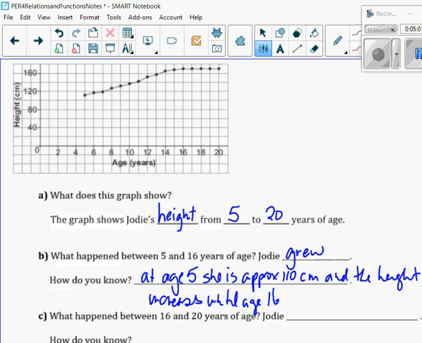How tall is she there? I think it's 170. Because it's going up by 20s, and this is halfway at 170 centimeters. Okay, what happens between the ages of 16 and 20?